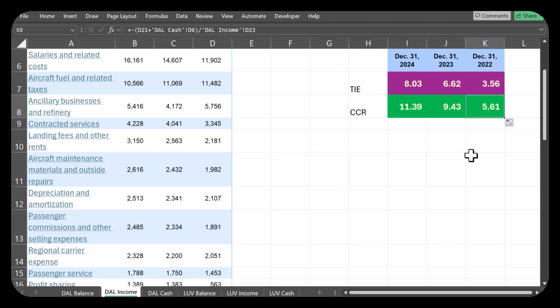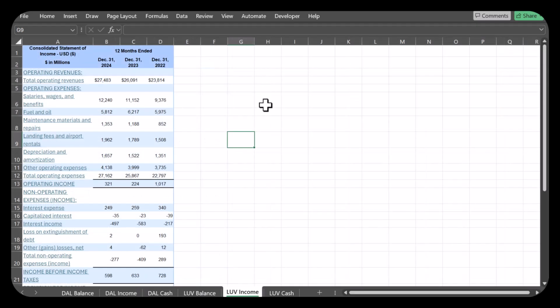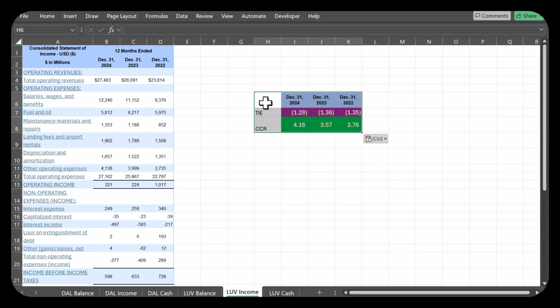So let's see how they compare to Southwest Airlines. I'm gonna put it somewhere here.